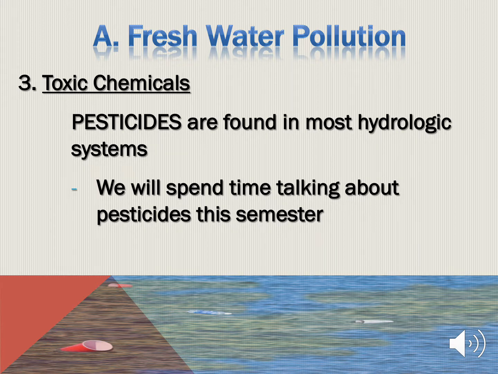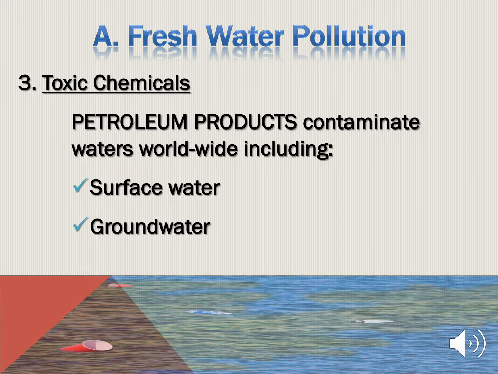Continuing with toxic chemicals, talking about petroleum products. Petroleum products contaminate waters worldwide. This is an issue with surface water when we have oil spills. This is an issue in groundwater where sometimes petroleum products leak out of underground storage tanks and contaminate our groundwater.